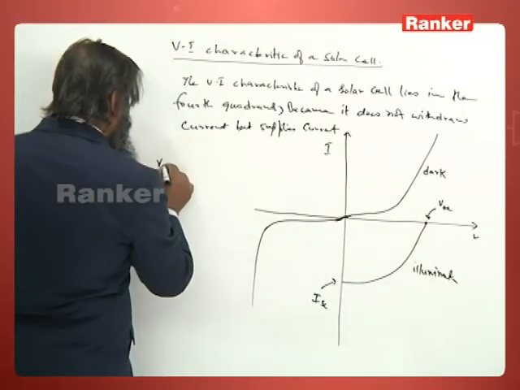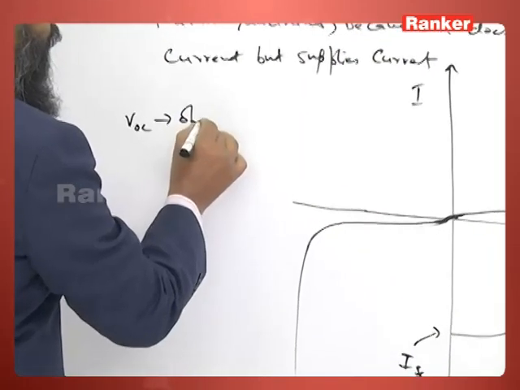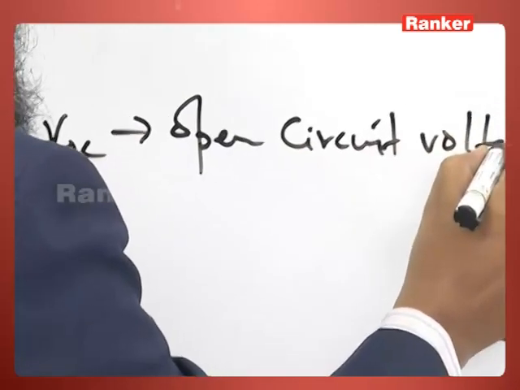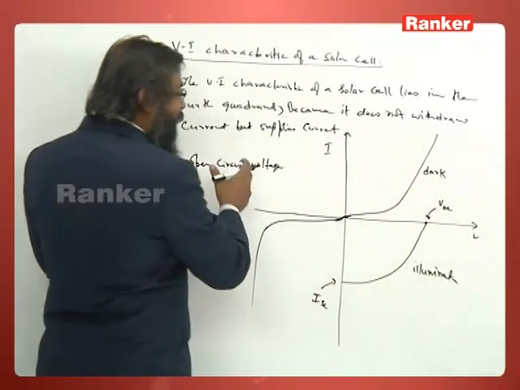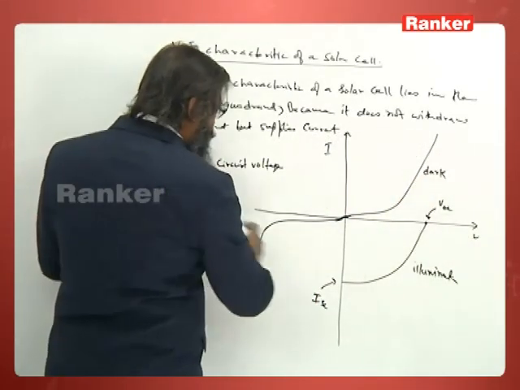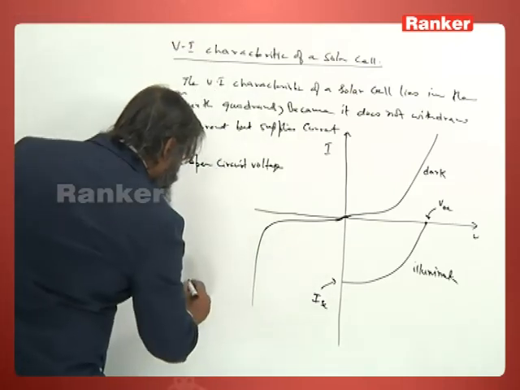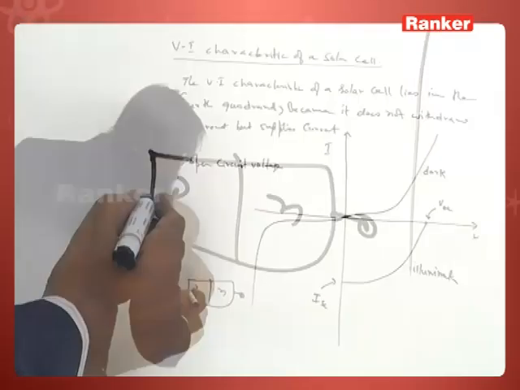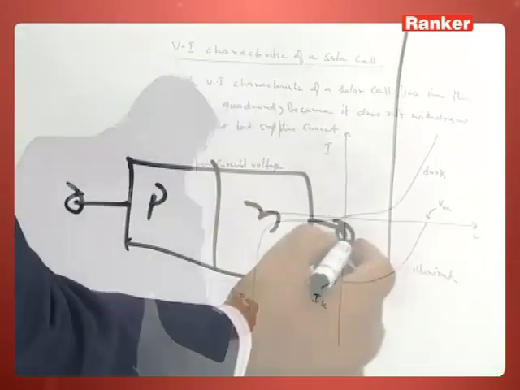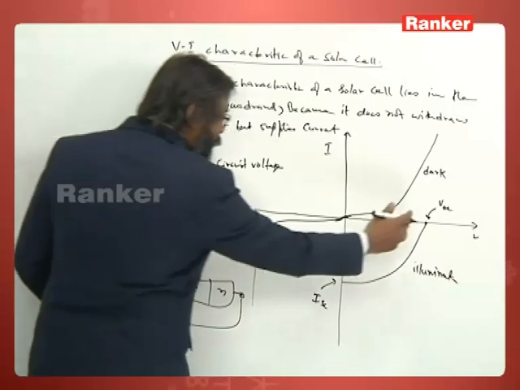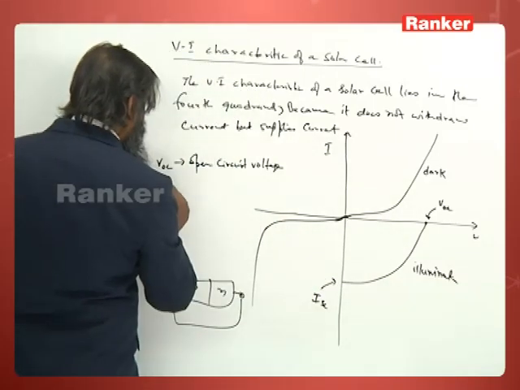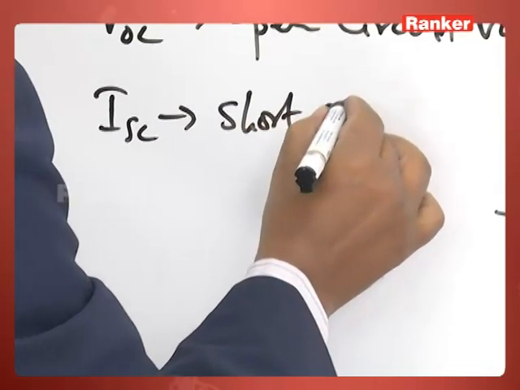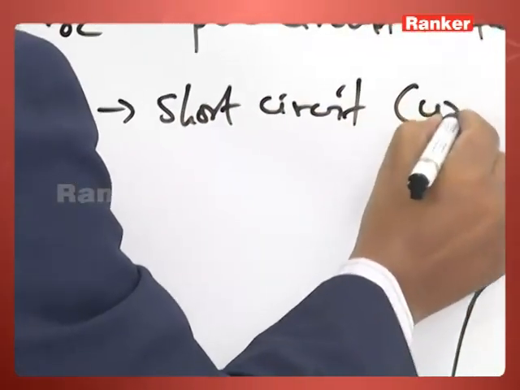VOC is the open circuit voltage, that means the EMF generated when the solar cell is open. When you connect it, then the voltage will drop, and ISC is the short circuit current.